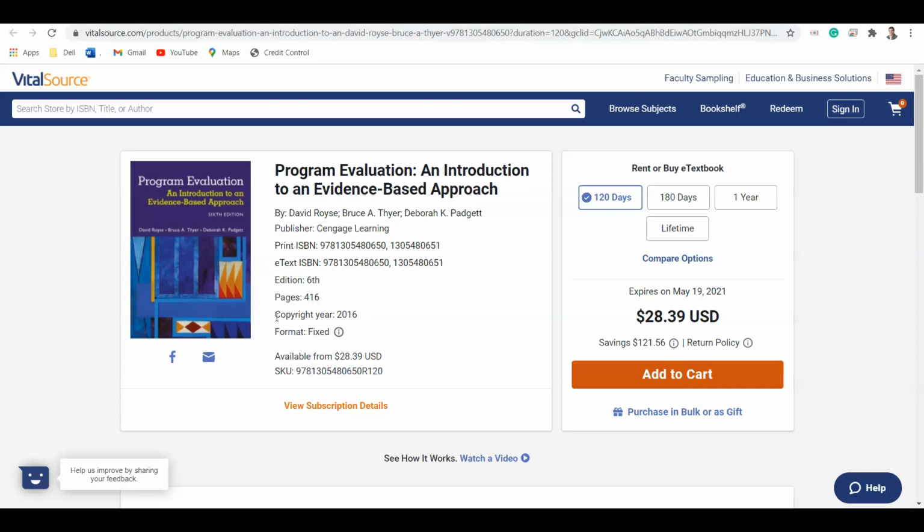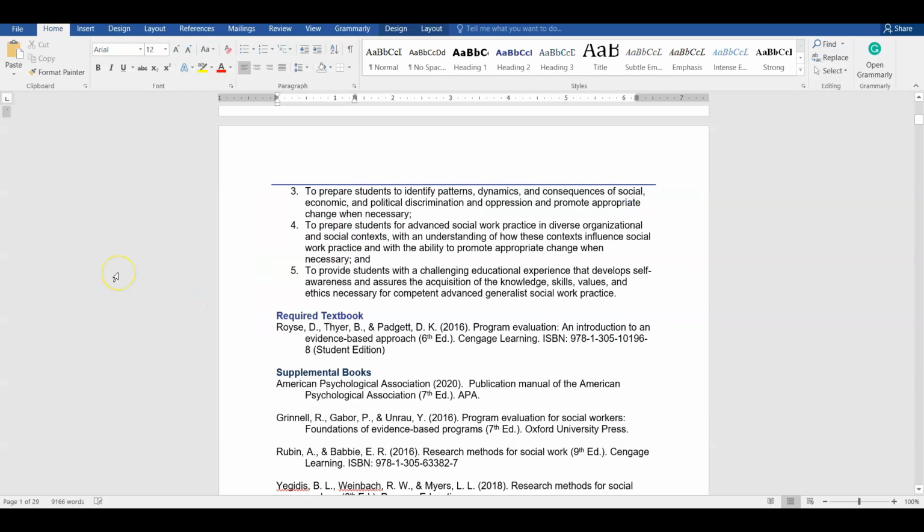I would think that renting is cheaper, and it says the cheapest way, which I'm going to guess is renting, is $28.39. Now, I don't know if there are taxes, and obviously there won't be any shipping and handling if you do it as an e-text or an ebook, right? So let's continue.